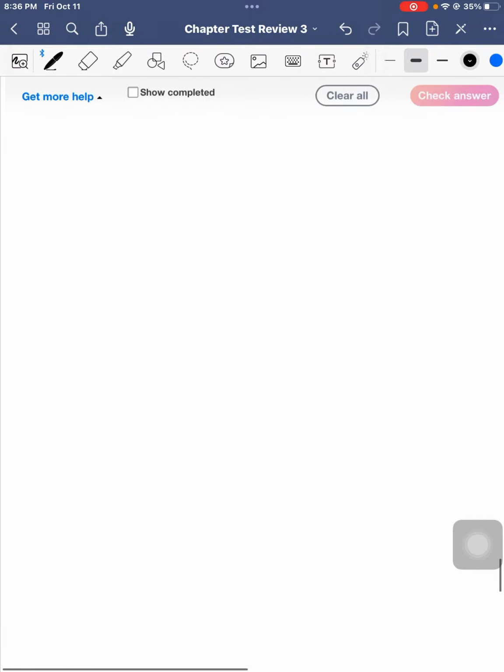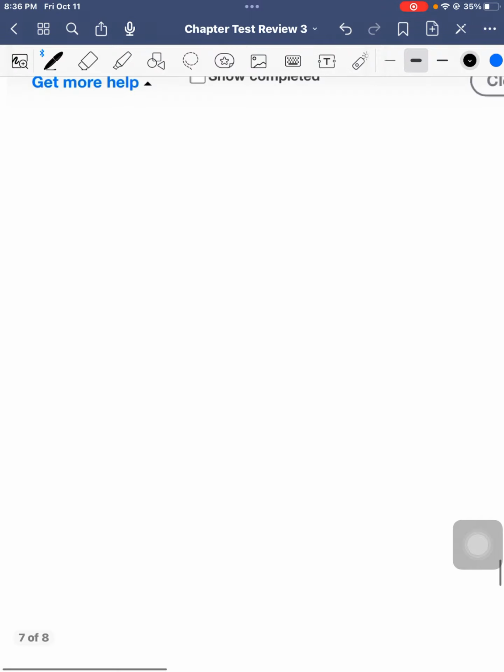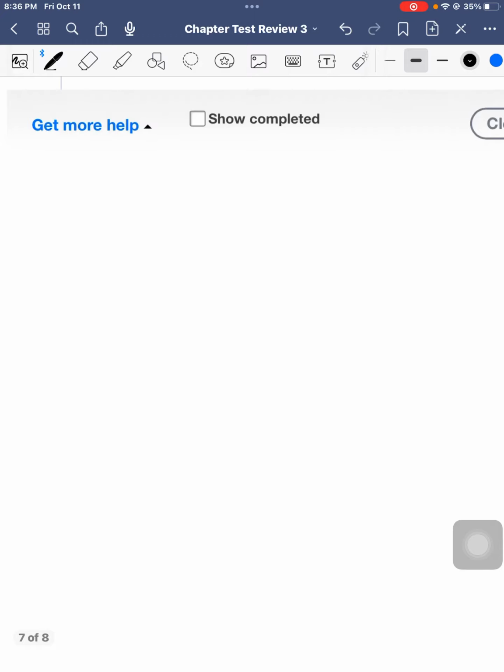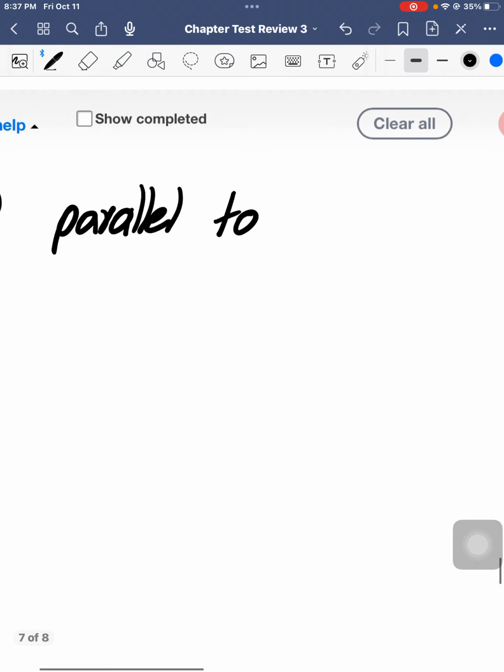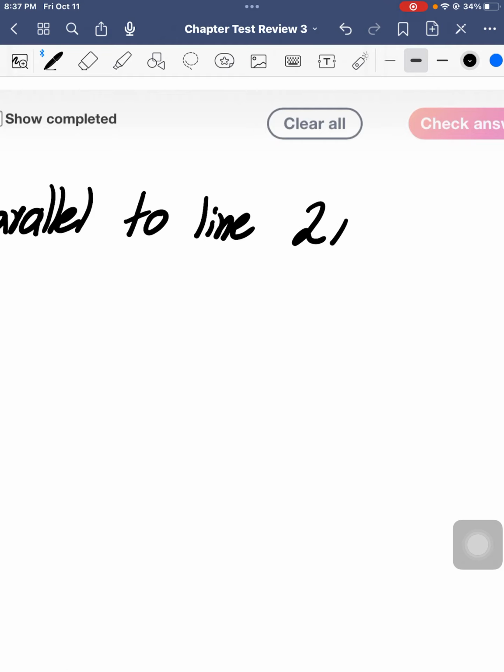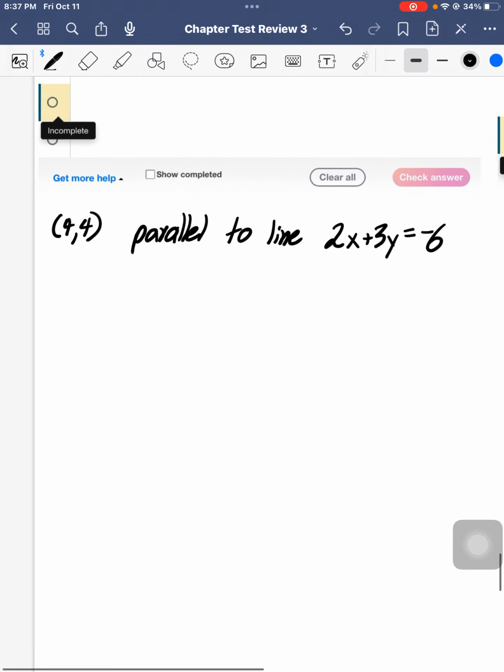I'm gonna write the examples. So we had one in the OneNote that looked like this: find an equation of the line containing the point 4, 4 and parallel to the line 2x plus 3y equals negative 6.